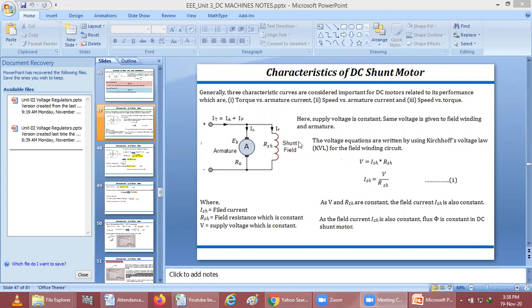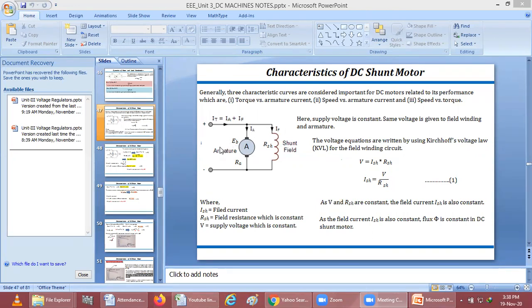Shunt means parallel, a synonym we use in electrical language. That's why I have written the shunt field here. The field winding is in shunt with respect to the armature, and that's why we call it a DC shunt motor.